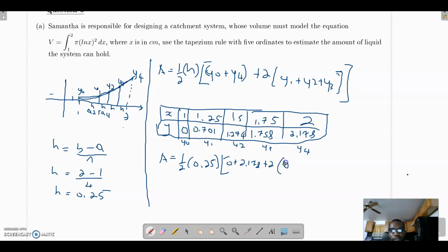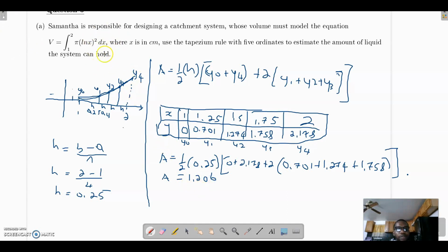So 2 times 0.701 plus 1.274 plus 1.758. And of course, all this can be plugged into your calculator at once. So my area, plugging all this inside, comes down to 1.206.